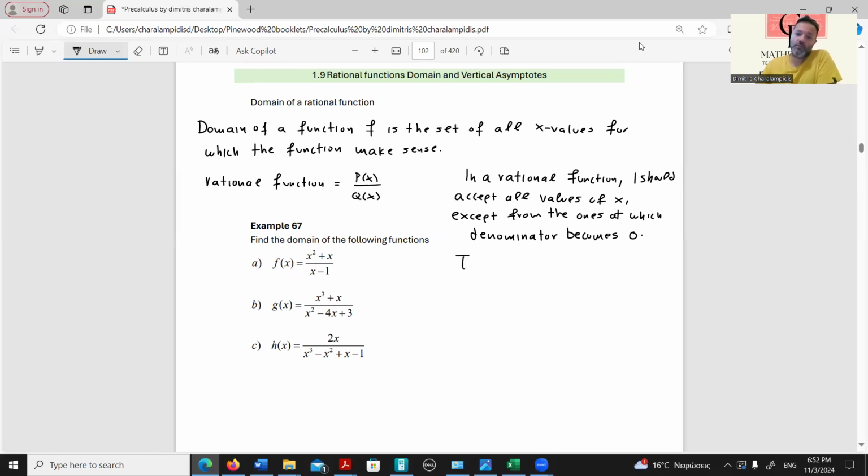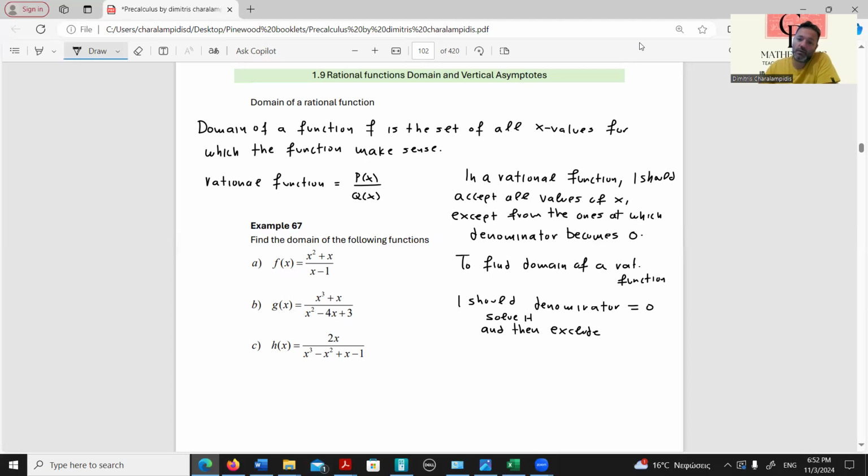So, to find the domain of a rational function, I should take its denominator, make it equal to 0, and then solve it, and then exclude these values.